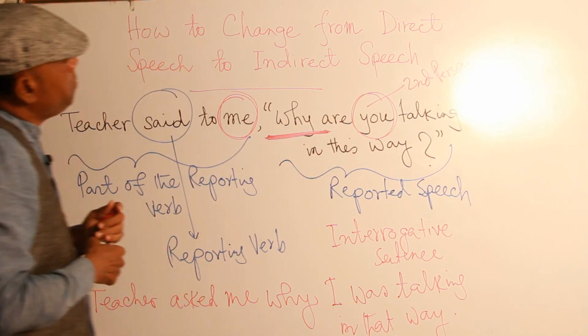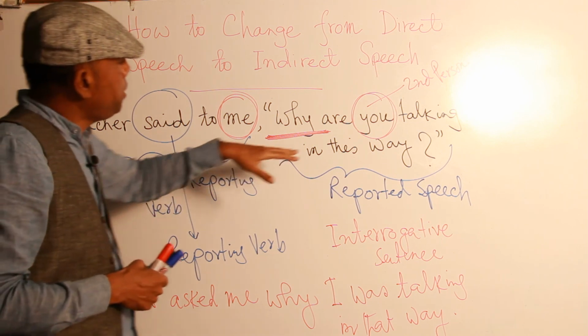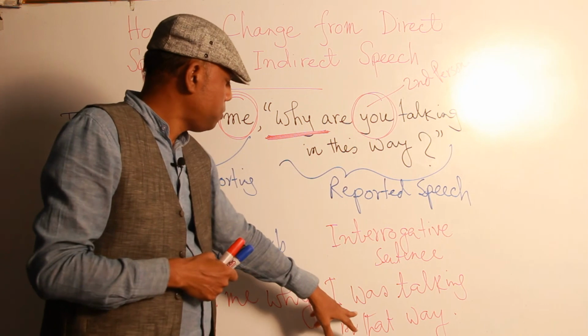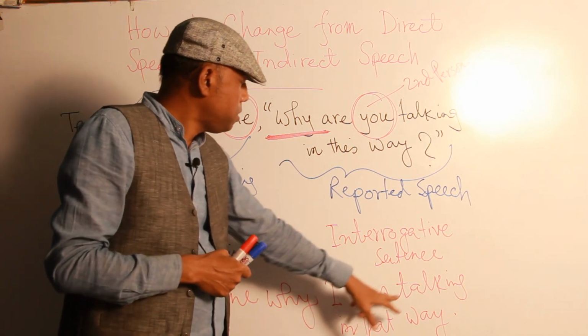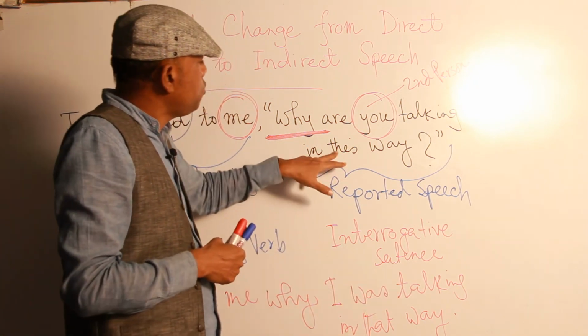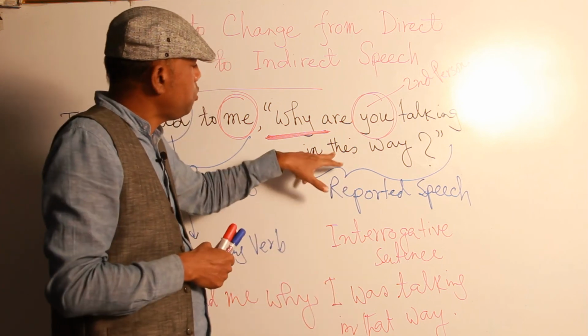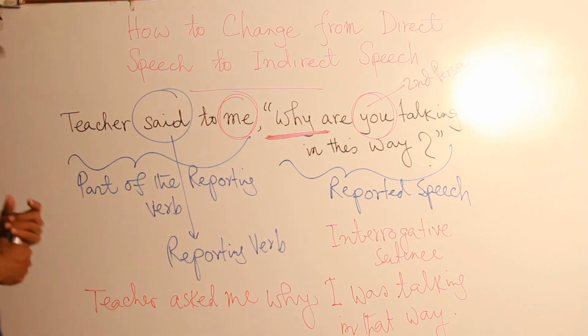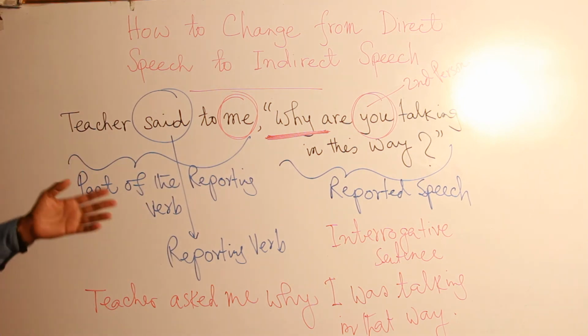If the tense is present continuous, it will be changed into past continuous. So I was talking in, and this will be changed into that, in that way. In this way, we can change direct speech to indirect speech.